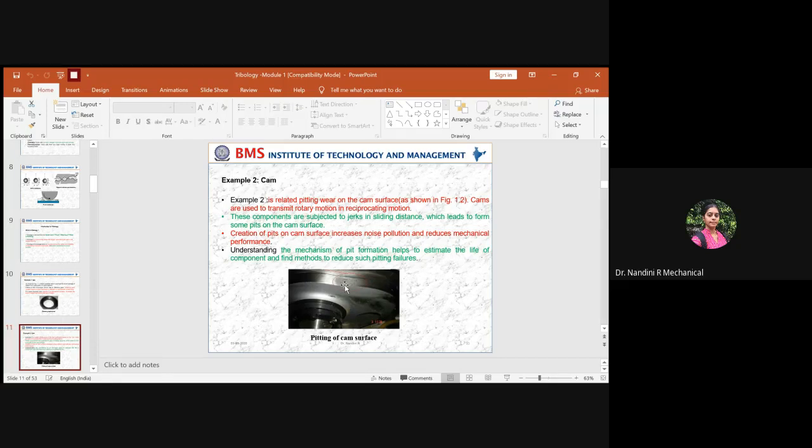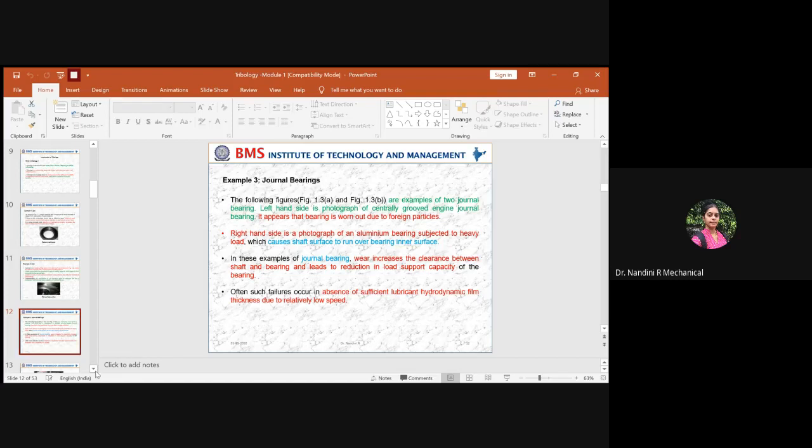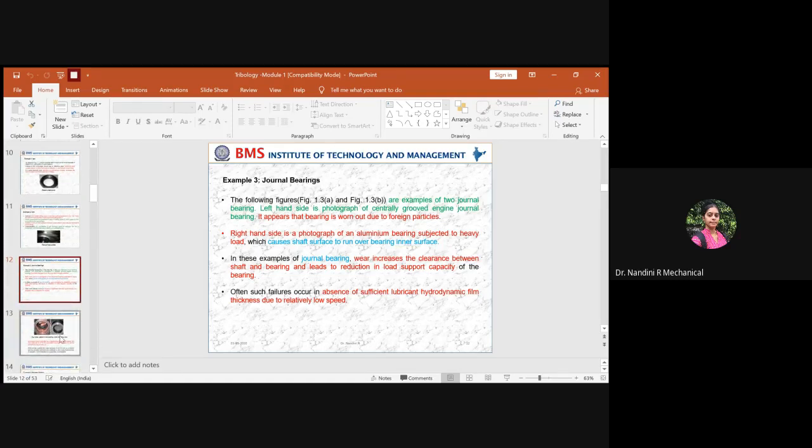You can use the concept of tribology to understand the mechanism behind the formation of the pit, how you can overcome this problem, and reduce such pitting failures. So this was about our example 2.